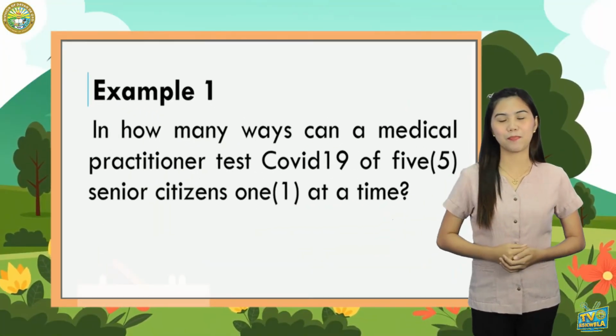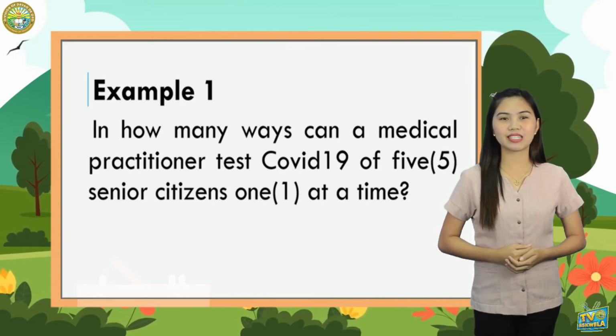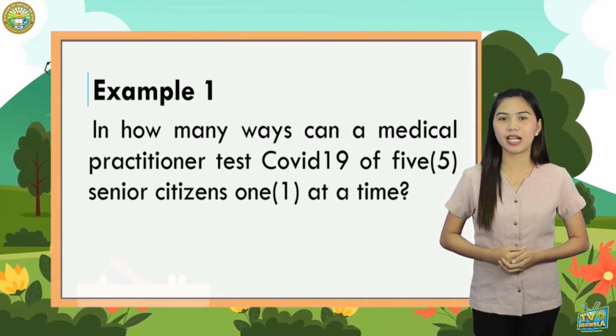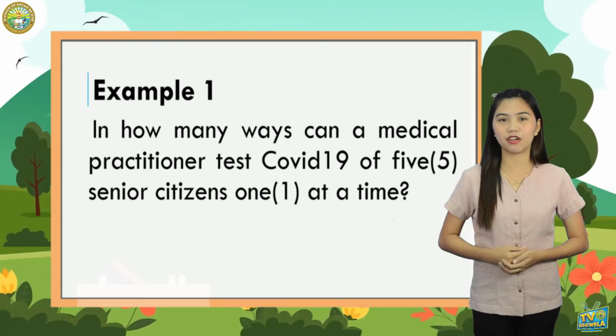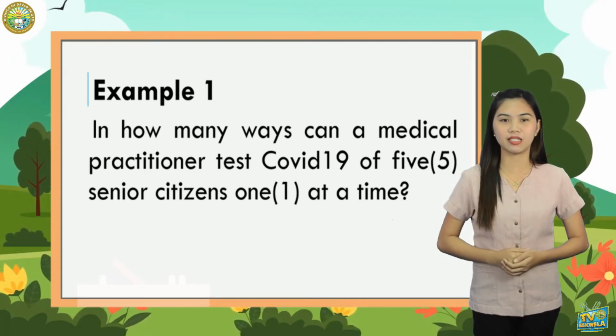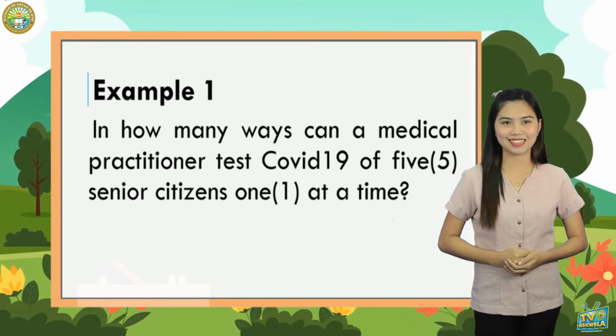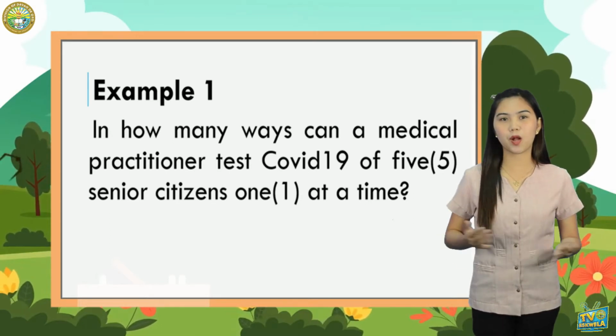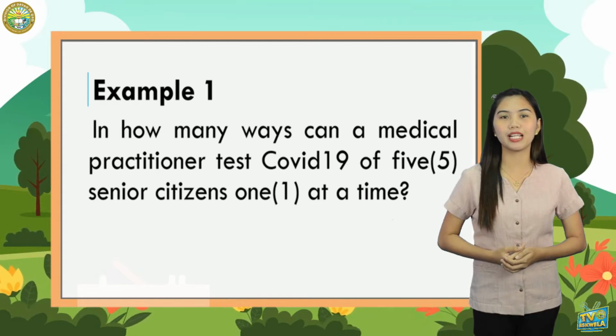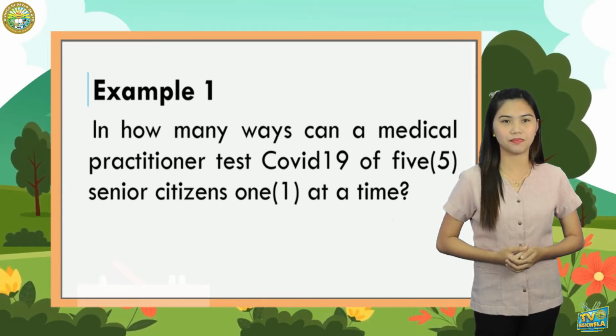First example. In how many ways can a medical practitioner test COVID-19 for 5 senior citizens, one at a time? This problem can be solved through listing method.